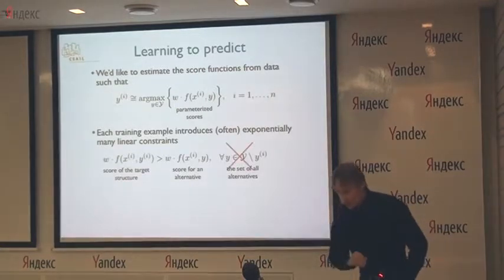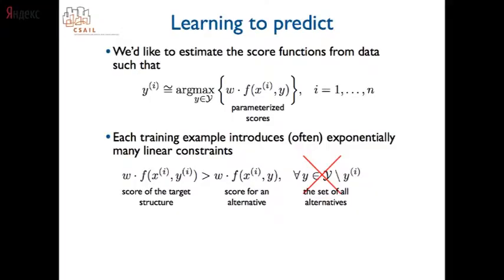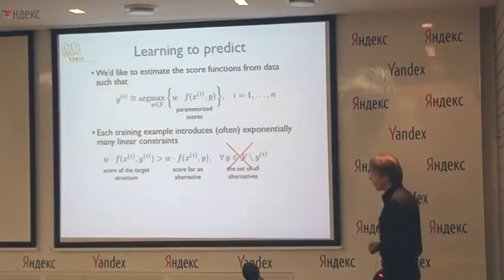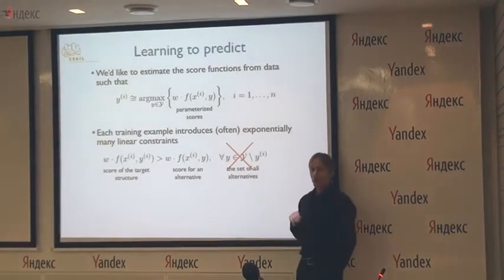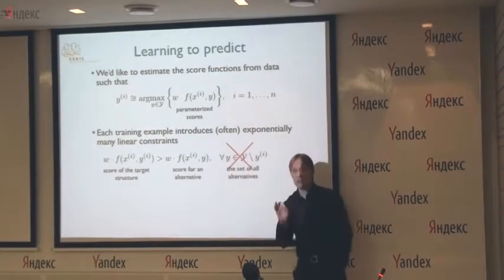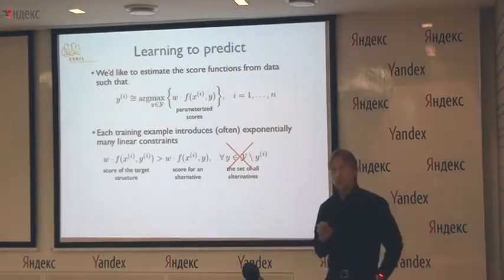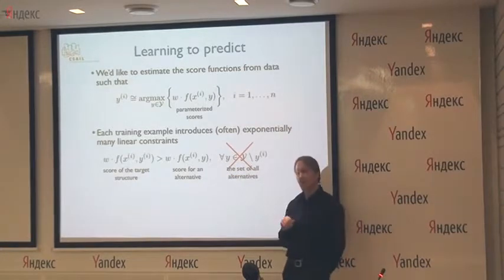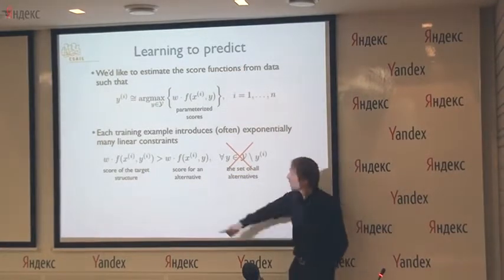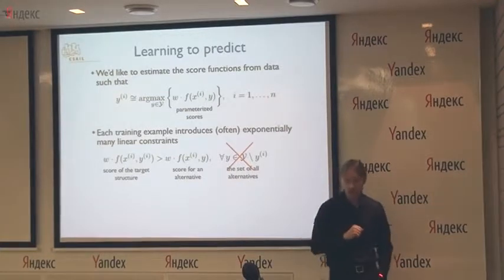So somehow we would like to get rid of this exponential set, and there are many avenues to that effect. I'm going to describe one simple one here. The intuition is very simple. If we don't want to consider all alternatives, maybe there is just a small subset of them that we can easily see from the training example, and we compare the target score to only that small subset of alternatives.